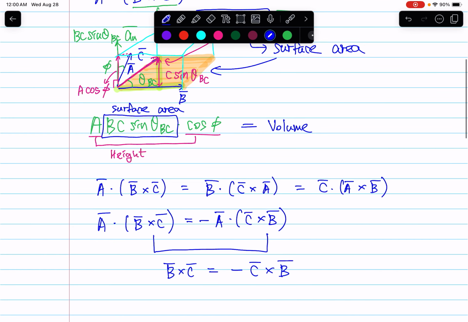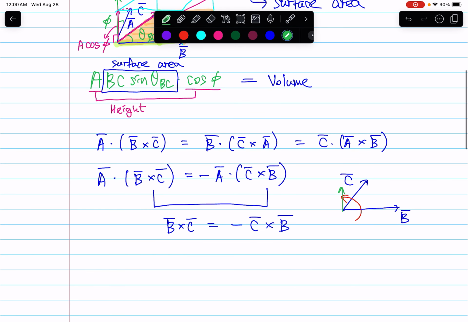Okay? So again, if you have B and C like that, and you apply the right-hand rule, meaning that you're going to grab with your right hand from B to C, because B cross C, then you have the vector pointing upwards because that's where your thumb is going to go to, right?